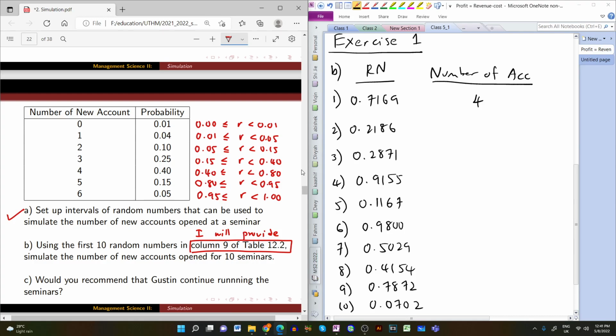Did I make any mistake here? No, okay. 0.21 is here, 3. Okay, now you proceed. See how many accounts are opened for each and every seminar here. There are 10 seminars basically.